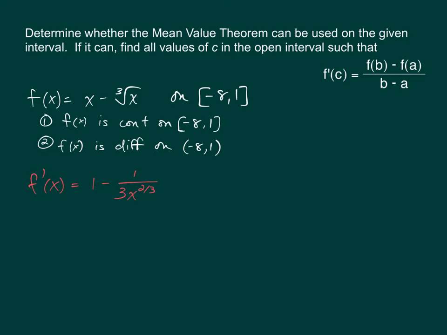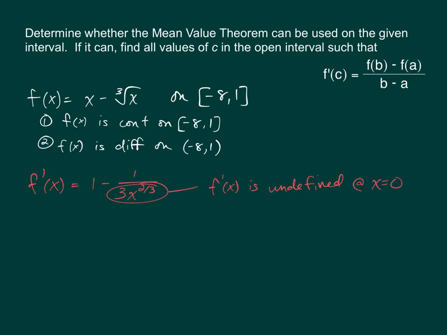Just by looking at this derivative here, the denominator tells us that f prime of x is undefined at x equals 0.